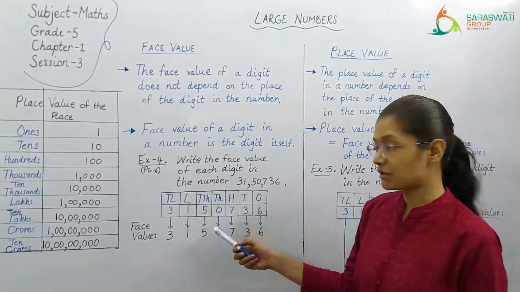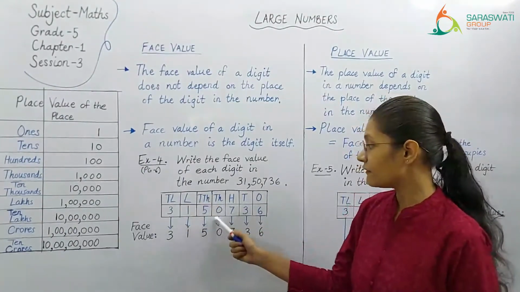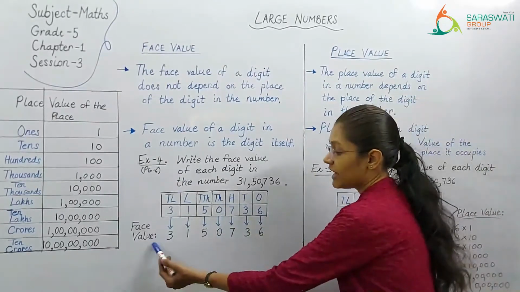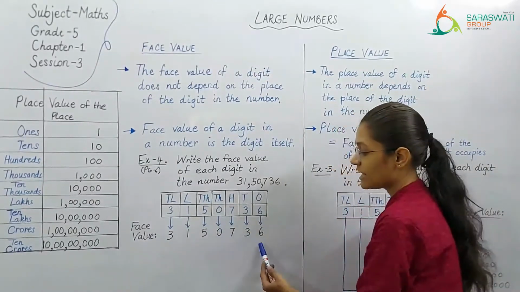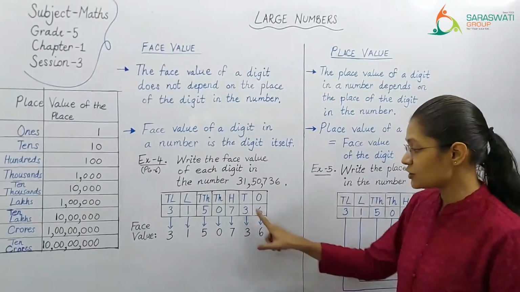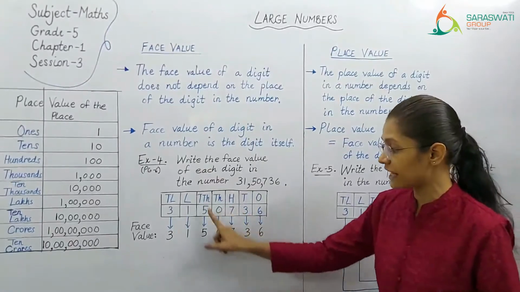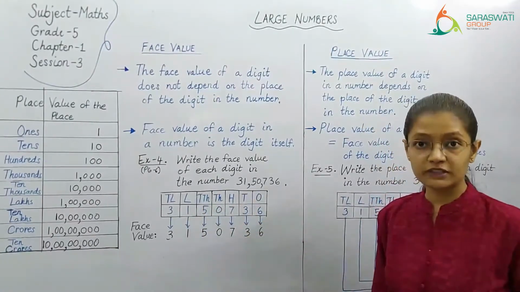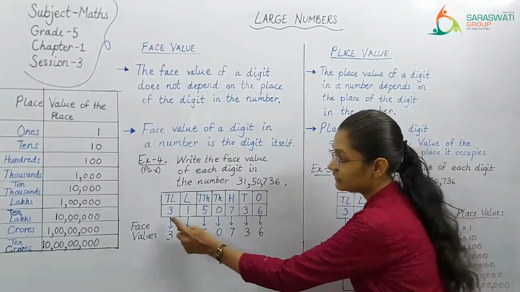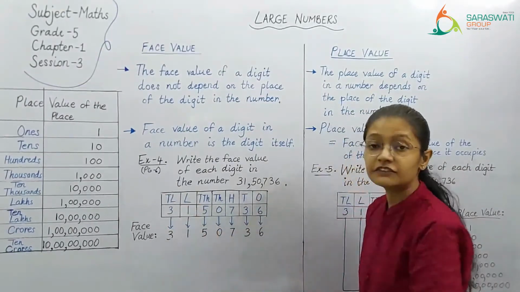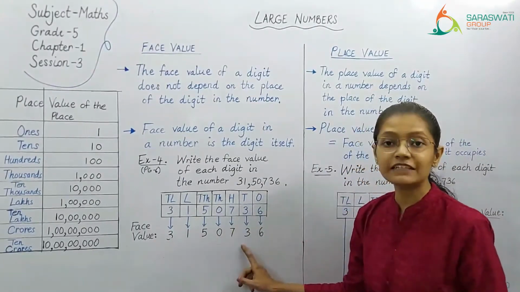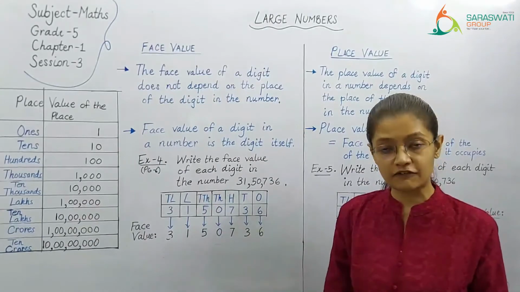In this number, 31,50,736, we have noted down the face value of each of the digits, and we can see that the face value of each digit is the digit itself. Please note students that the digit 3 is at tens place as well as at 10 lakhs place. Still, the face value of the digit 3 in both places is 3, that is the digit itself.